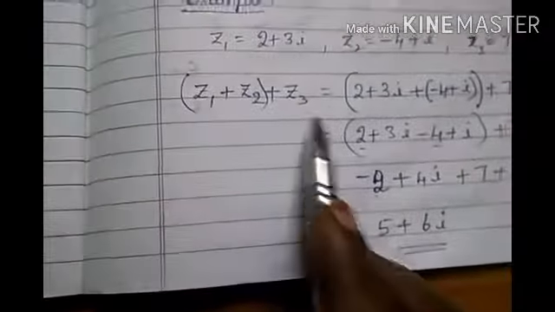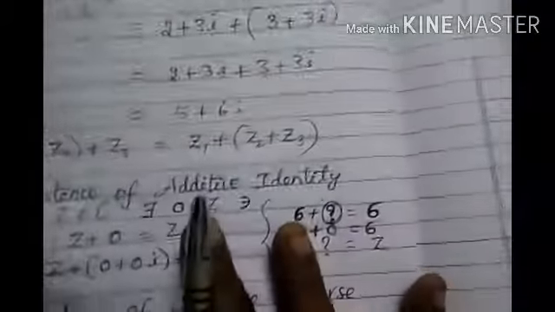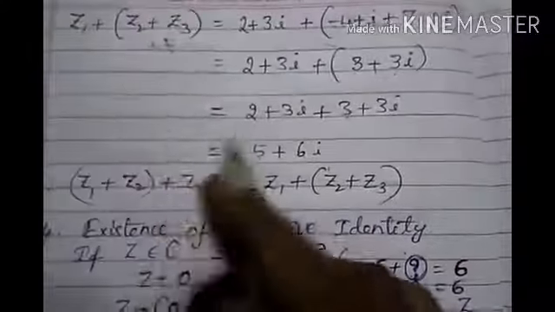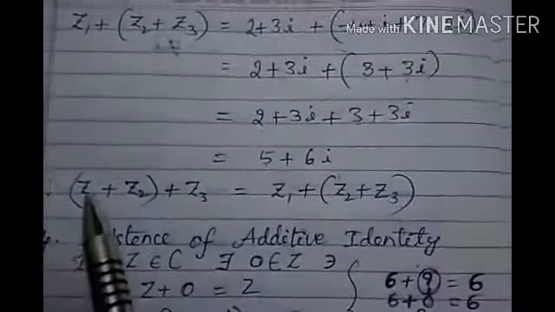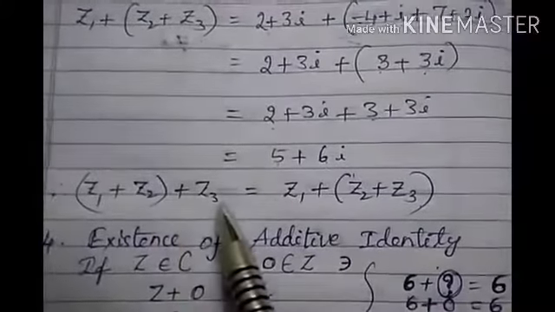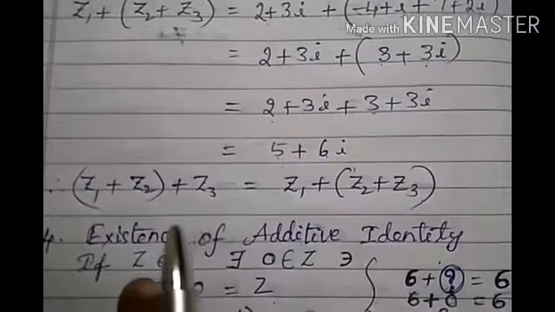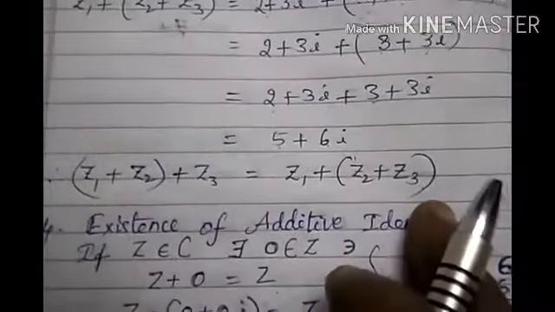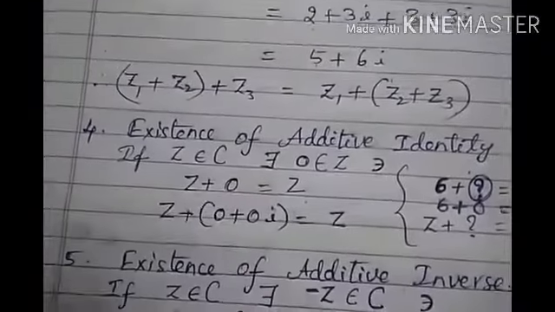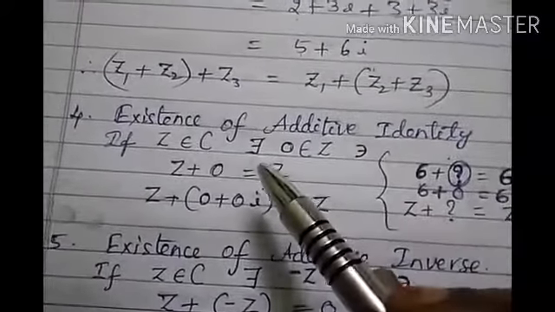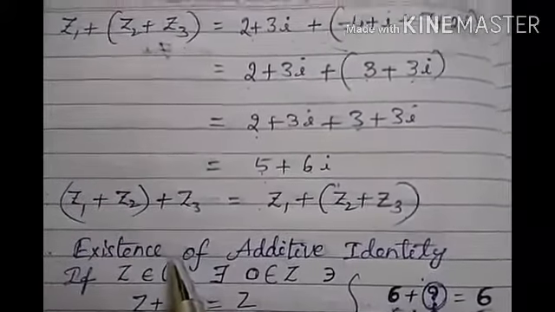(Z1 plus Z2) plus Z3 equal to 5 plus 6i and Z1 plus (Z2 plus Z3) is again 5 plus 6i. This means (Z1 plus Z2) plus Z3 equal to Z1 plus (Z2 plus Z3). That means if you change the grouping also, the result is same. And so we can say that the complex number system satisfies associative law with respect to addition.